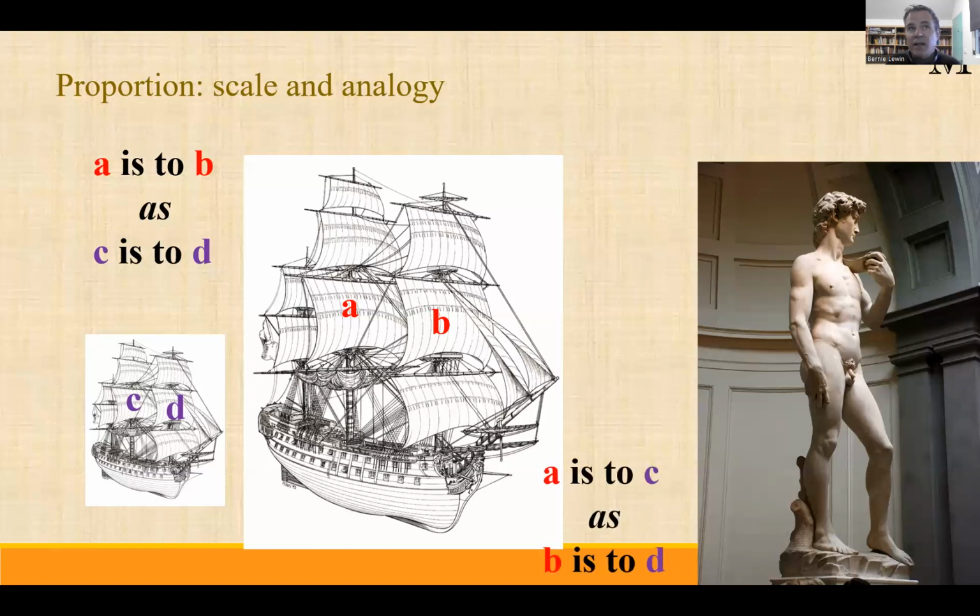So we have A is to B as C is to D, that's the internal proportions, and to relate the scale, we have A is to C as B is to D. So the ratio of one mast in the full-size vessel to the scale is the same ratio as the ratio of the other mast to the other mast in the full-size scale.